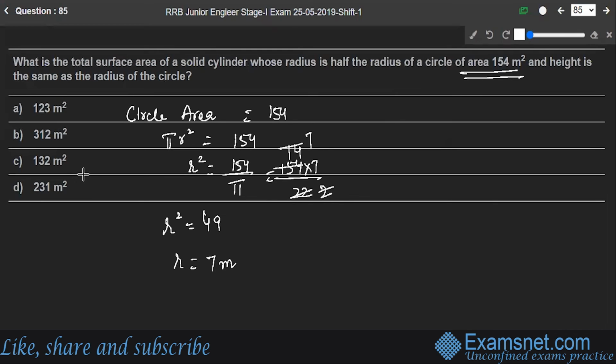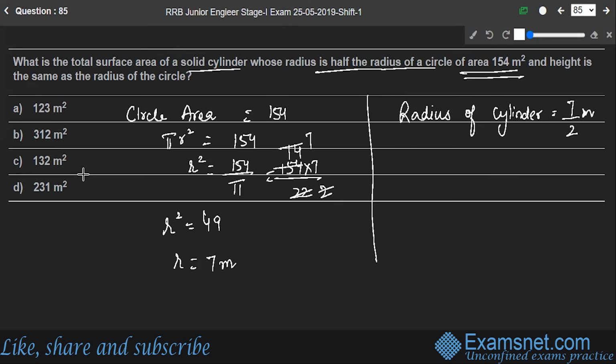Okay, now there's a solid cylinder whose radius is half the radius of this circle. So radius of cylinder will be equal to half of it, 7 by 2, and height of cylinder will be equal to 7 meters.